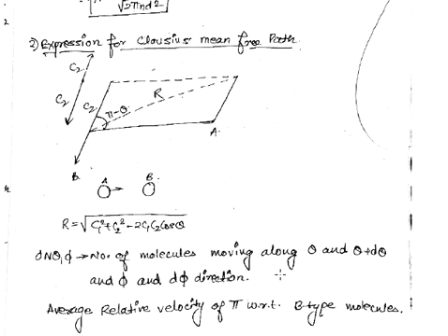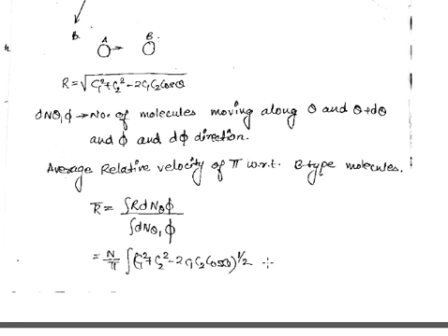The average relative velocity of A type with respect to B type molecules will be r bar equal to integration of r dn theta phi by integration of dn theta phi. Now if we resolve it, you will get n by pi times the integration of (c1 square plus c2 square minus 2 c1 c2 cos theta), under root, so I have put the power half.